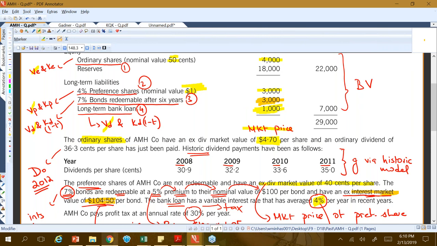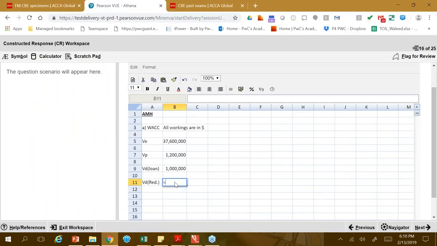So I'll take the 3 million, which is the book value, over the par value 100 into the market price 104.5. That gives me the value of debt of the redeemable bonds. Now that is it. I've got all my values out.